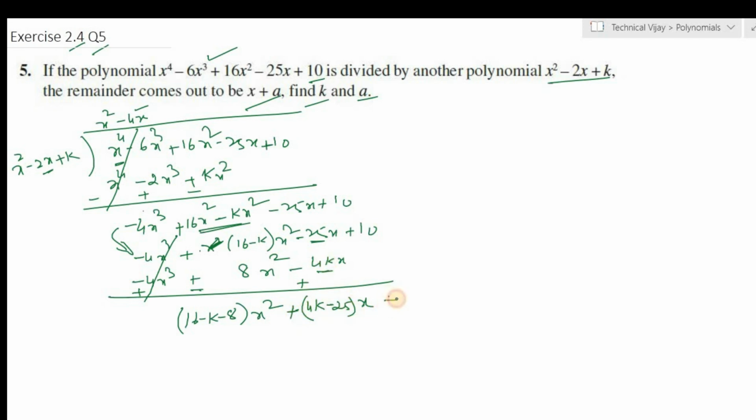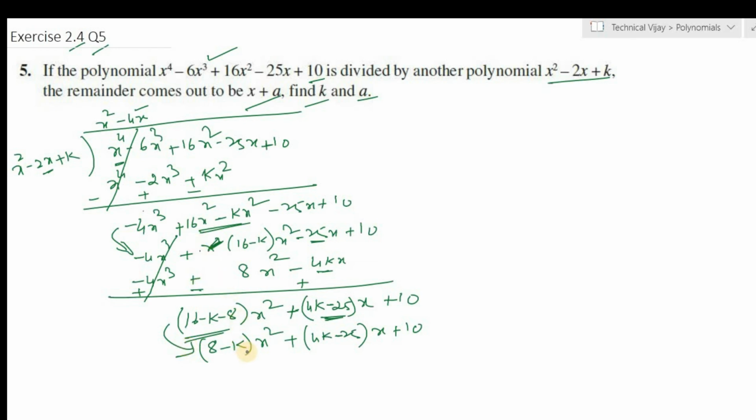Okay, now it will be correct. This is 10. See here, 16 minus 8 means 8, so 8 minus k into x square plus 4k minus 25 as it is, into x plus 10. We have rewritten it like this.